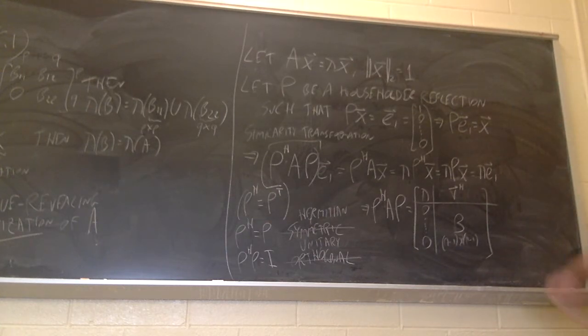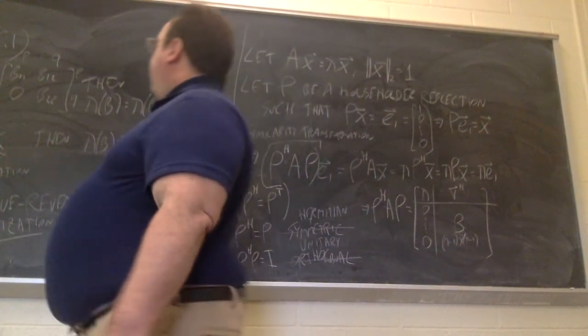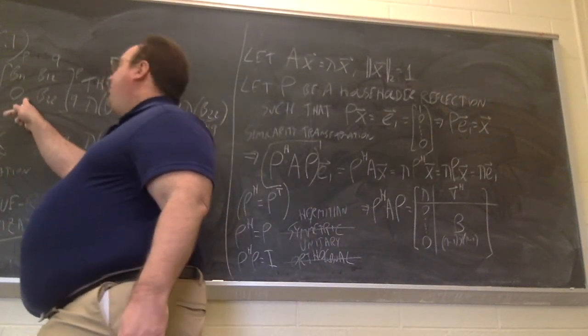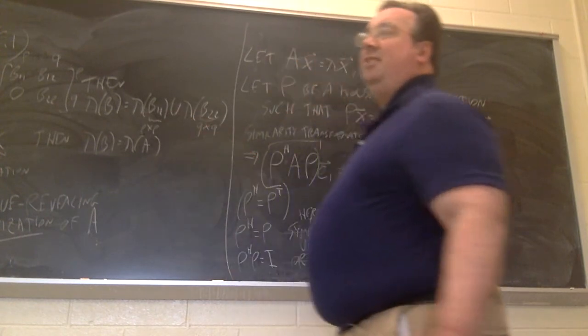Now, why does this matter? Because of what I wrote earlier, that when a matrix has a block upper triangular structure, the eigenvalues of the whole matrix come from the blocks.